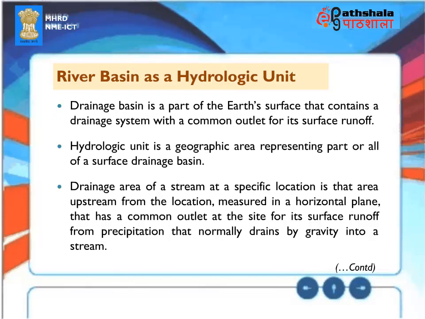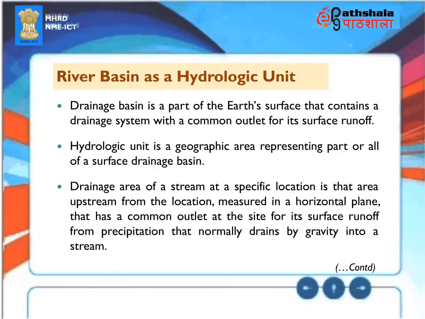River basin as a hydrologic unit. Drainage basin is a part of the Earth's surface that contains a drainage system with a common outlet for its surface runoff. Hydrologic unit is a geographic area representing part or all of a surface drainage basin.